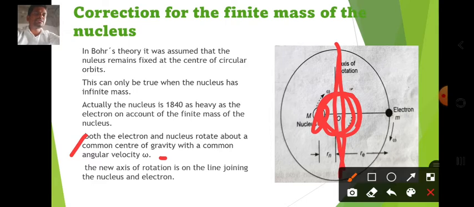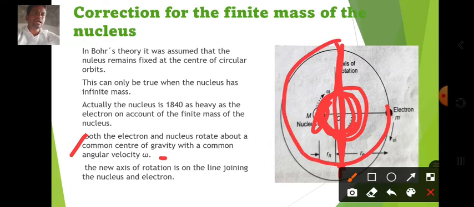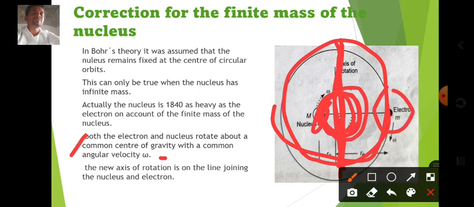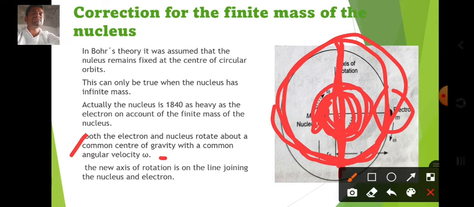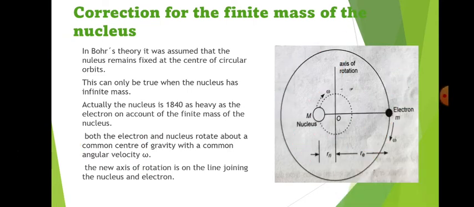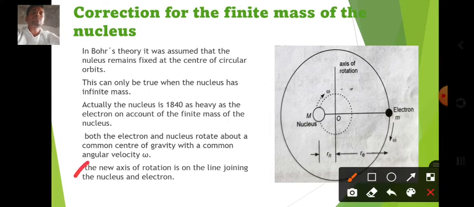Not only does the nucleus rotate, the electron also rotates about its axis of rotation. For both the axis of rotation is the same, and the velocity with which the electron rotates is the same velocity with which the nucleus rotates. That velocity is omega, the angular velocity. The axis of rotation is on the line joining the nucleus and electron.